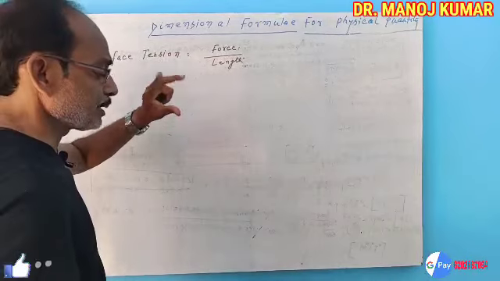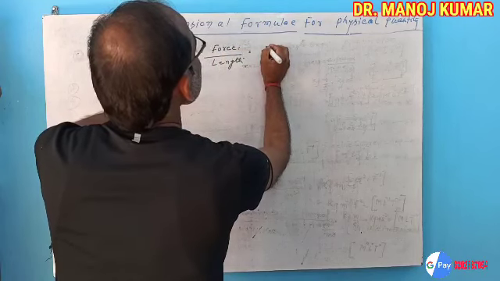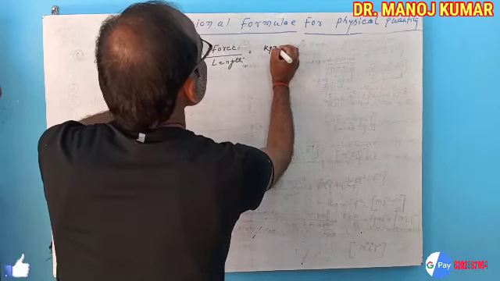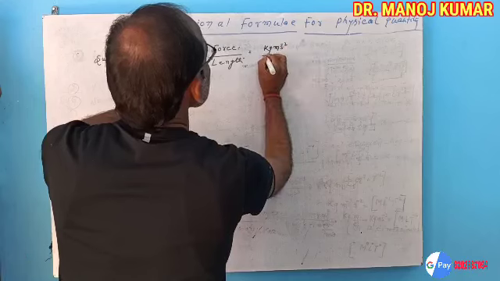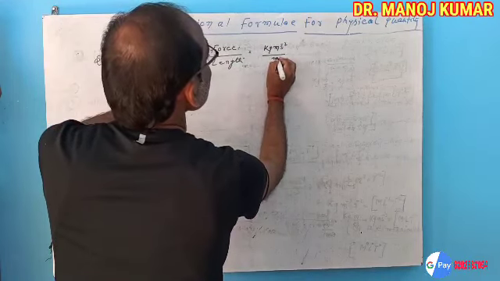According to the SI unit, the SI unit of force is kg meter s minus 2 upon the SI unit of length, which is meter.